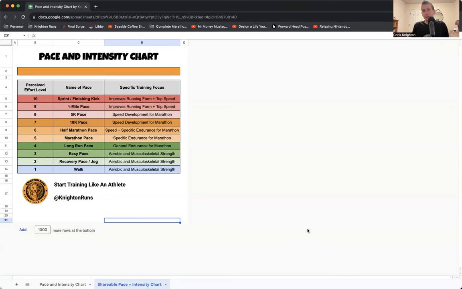But if you're a bit more experienced, or you're a bit fitter than a brand new runner would be, marathon pace is going to be faster than your easy pace. Unless your goal is to just finish the marathon, in which case you are probably just going to run easy to the finish.